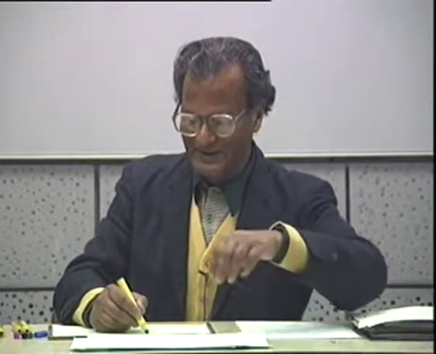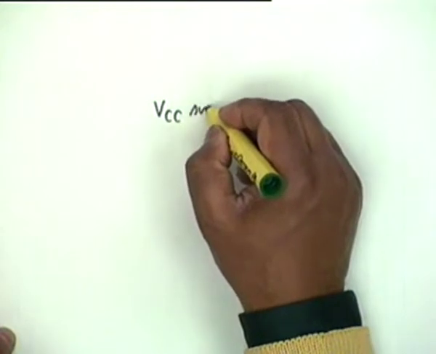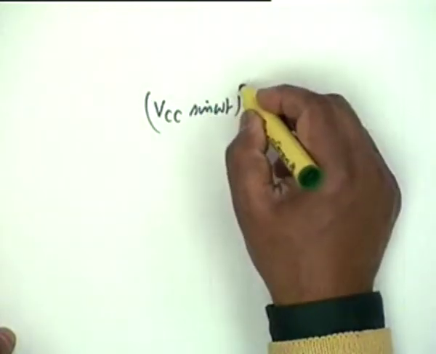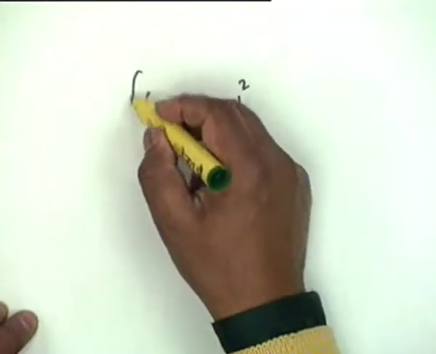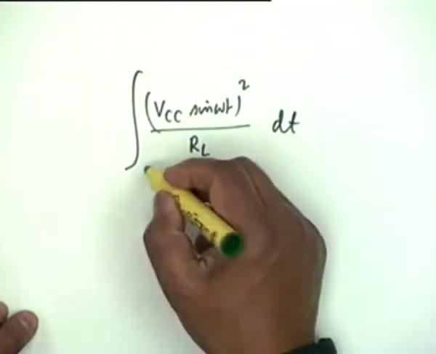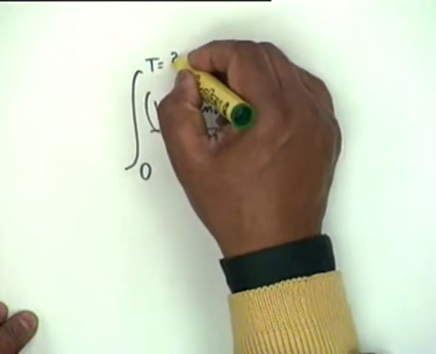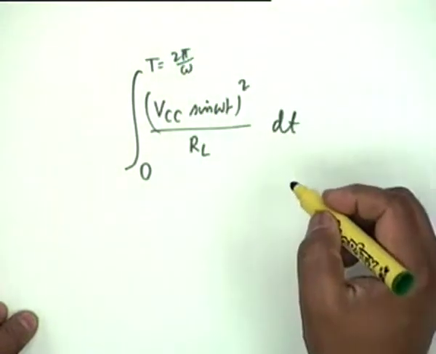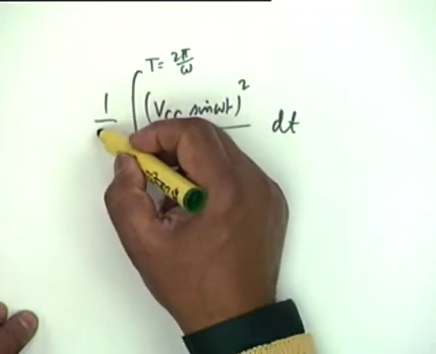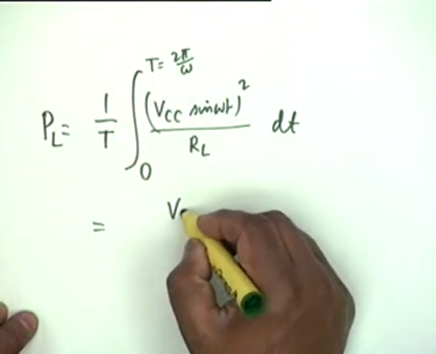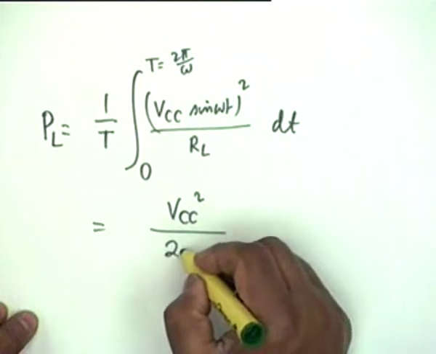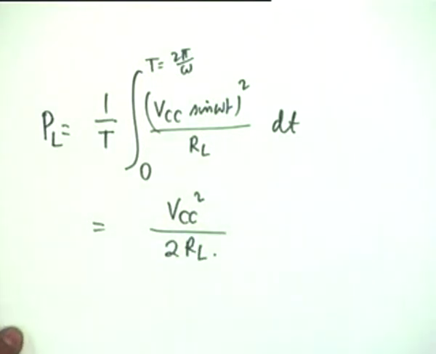You calculate it out like this: VCC sine omega t whole squared divided by RL is the instantaneous value. Integrate from 0 to capital T, which is 2 pi by omega, and divide by capital T. This is PL, and you can verify that this is equal to VCC squared divided by 2 RL.